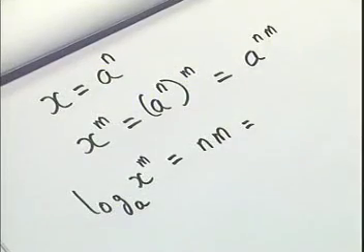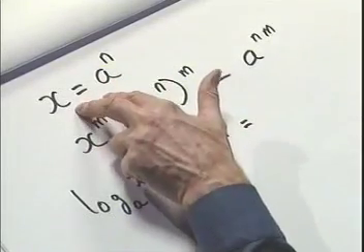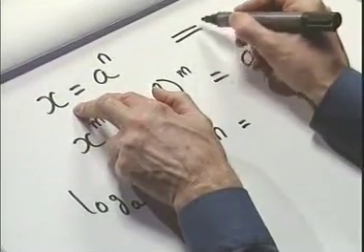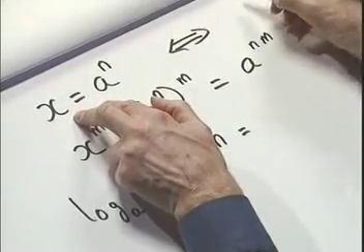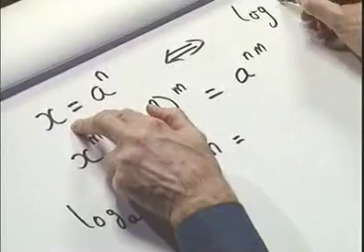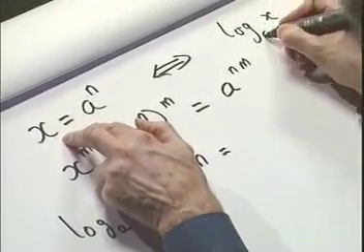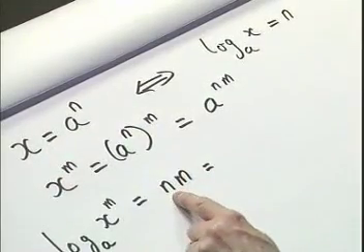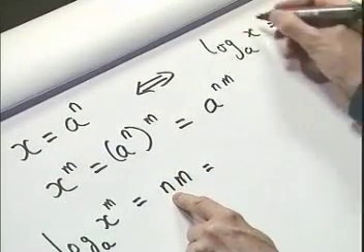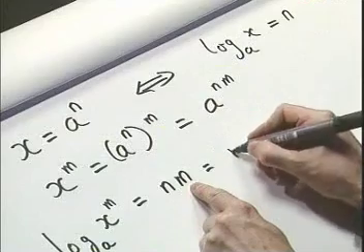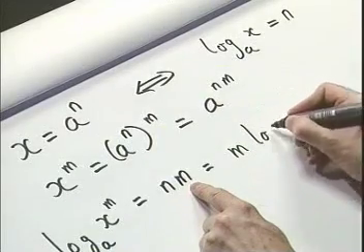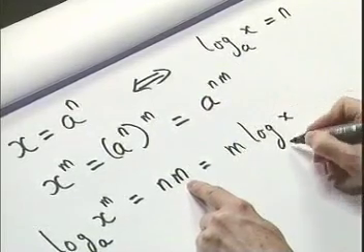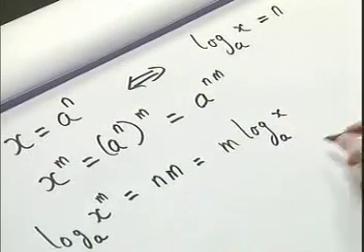equals, well, its equivalent statement is that the log of x to base a is equal to n. So instead of n, I can write this, and I must multiply it by m. So that's m times the log of x to base a.